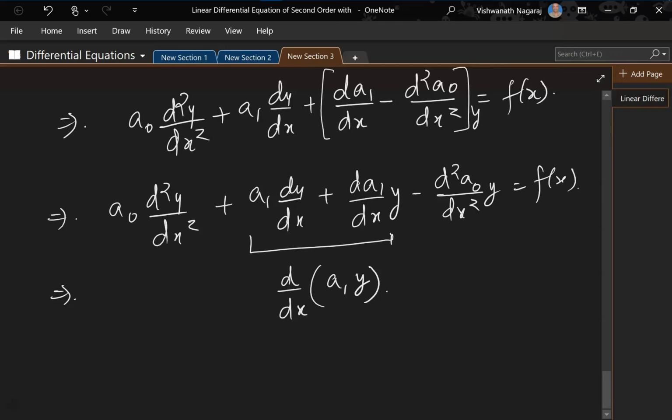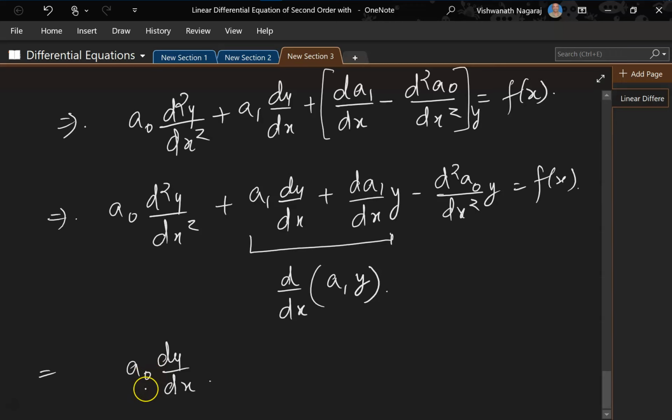Okay. Now what? Now we have this. Now how do we do this? Let's see. Let's write it as a naught dy by dx. Now what happens? A naught as it is d2y by dx square. So one of the terms of the differentiation of this is there. Now the other term would be what? That we just added to the previous equation.